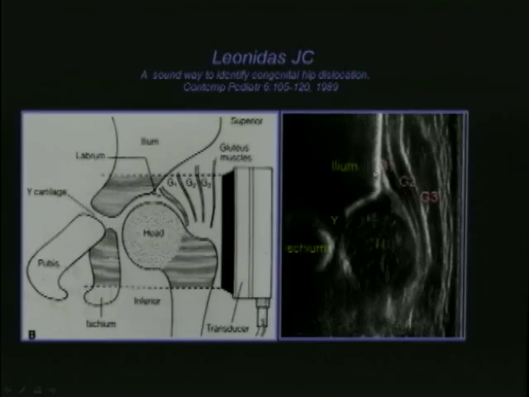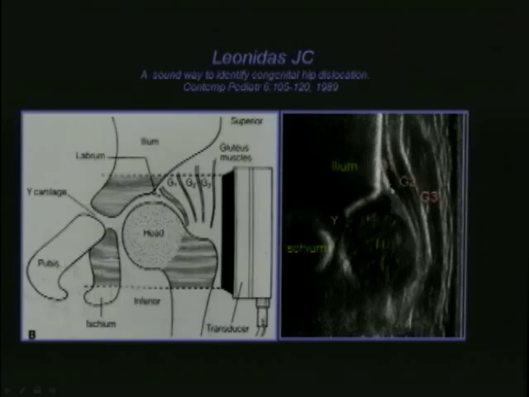So here we have the ilium, here is the triradiate cartilage between the ilium and the ischium and the pubis, and we also see this cartilaginous head with its little dots and lines that represent the cartilaginous rests.